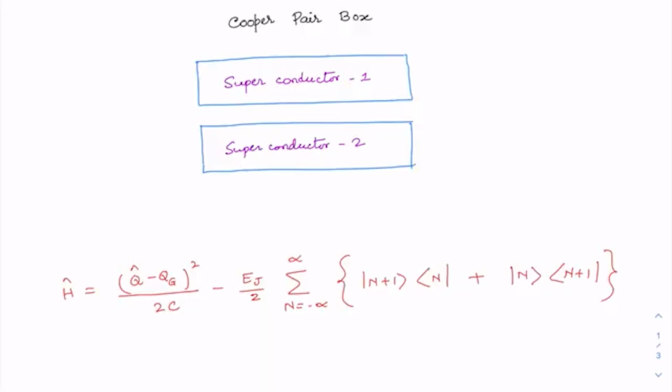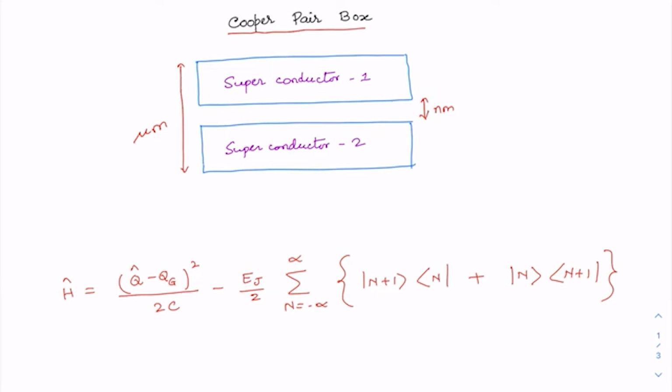So let us begin. In the last class, we started discussing the Cooper pair box. A Cooper pair box consists of two superconducting islands placed close to each other. Typically, a Cooper pair box has dimensions in micrometers and the gap between the islands is in nanometers.